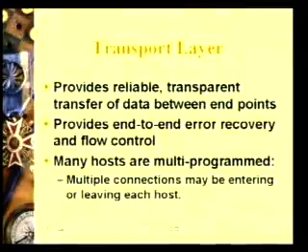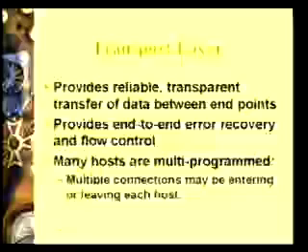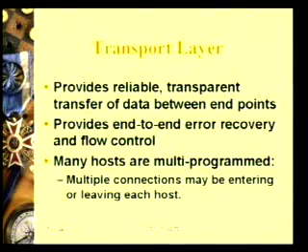Whereas the transport and above layers are concerned with the source and destination pairs, host to host, and they are not concerned with the intermediate computers or the communication subnet. They provide reliable, transparent transfer of data between endpoints. That's why I want to emphasize this point. It provides end-to-end error recovery and flow control.